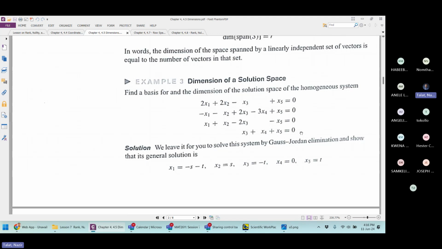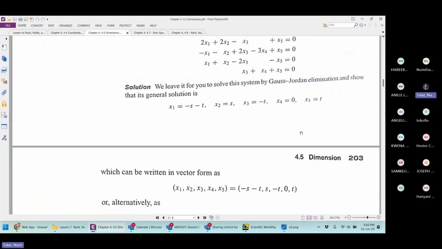This is an important and short word. Nullity is the dimension of the solution space of a homogeneous system. The solution of a homogeneous system is itself a vector space, or subspace, called the null space, and its dimension is called nullity. These are the important words we have used.